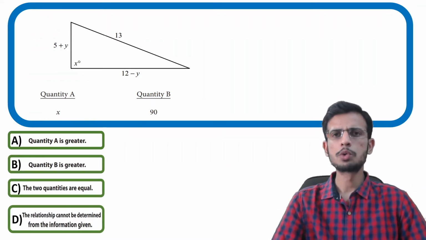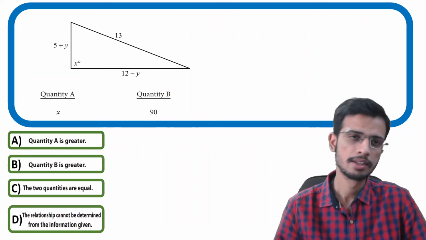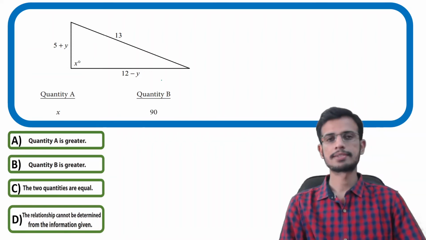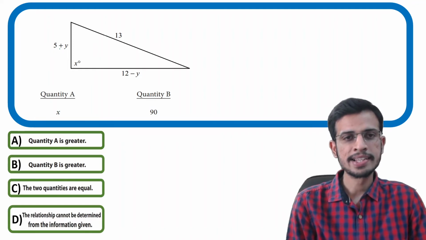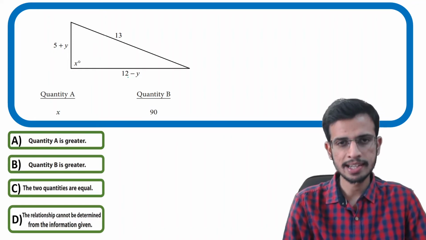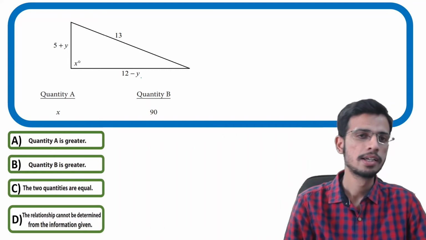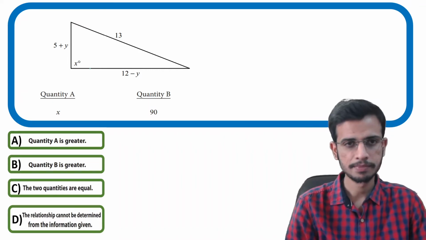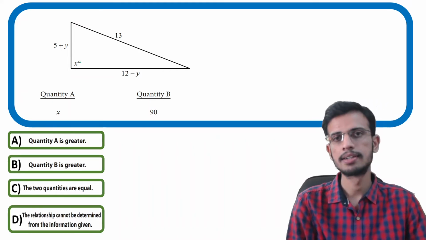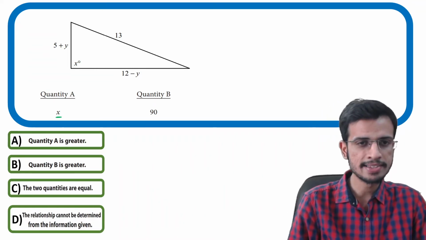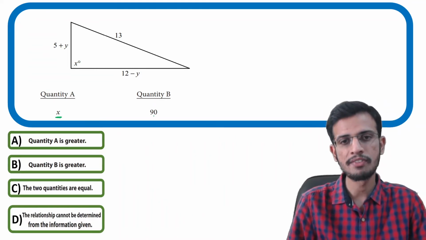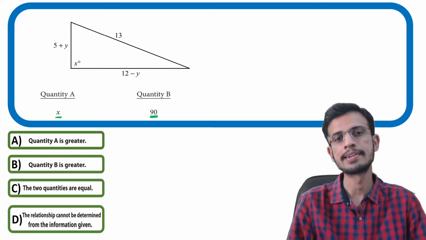One triangle is given to us. This side length is 5 plus y. This side length is 12 minus y. This side length is 13, and this angle is x degrees. Quantity A is defined as x, quantity B is defined as 90.